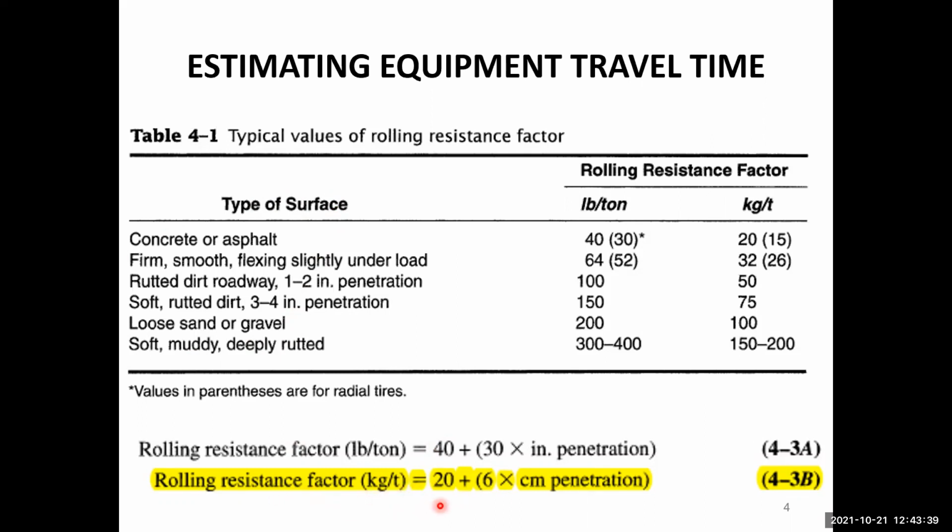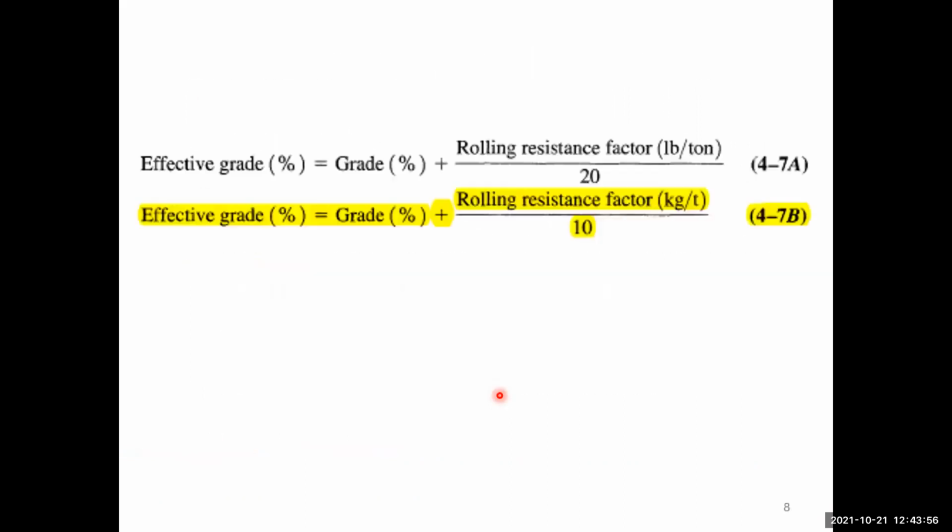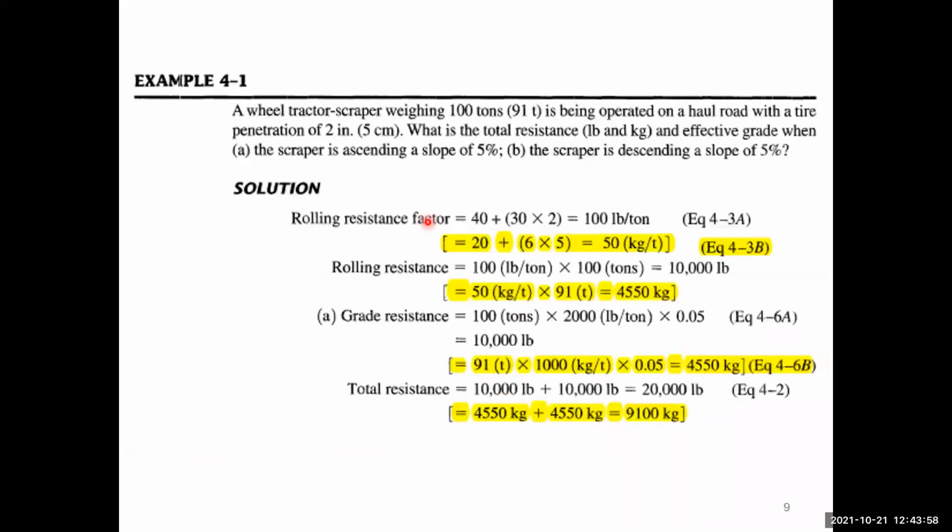So the rolling resistance is equal to 20 plus 6 times the number of centimeters of the penetration. Depending on the data, we will choose the type of equation. So the rolling resistance factor will be 20 plus 6 times the 5 centimeter tire penetration.